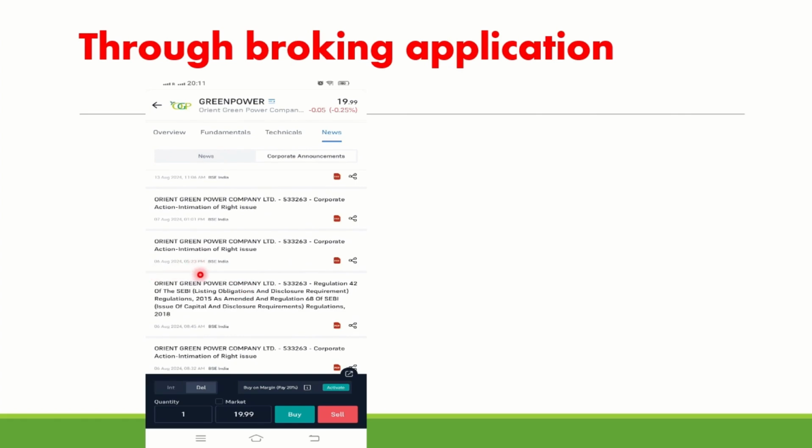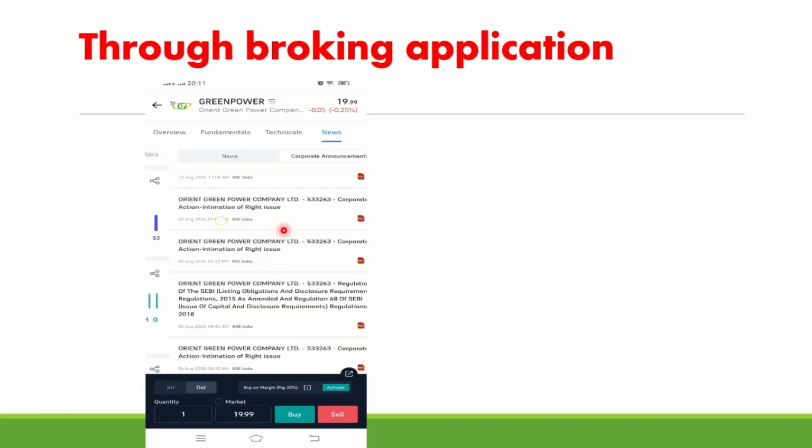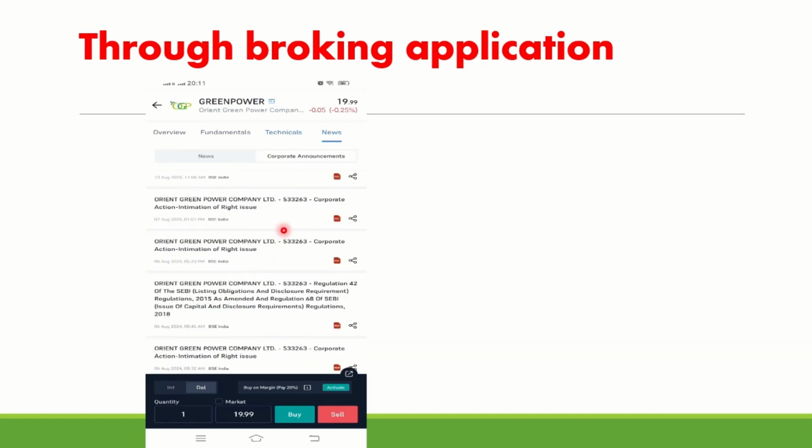See here, on the 6th August and 7th August they announced the rights issue. This is a way: from the application you will get the notification of it, and from there you can get the idea. For new investors who did not invest over there, if you're checking, you could know from the corporate action. This is the first way you can check it, for all investors.